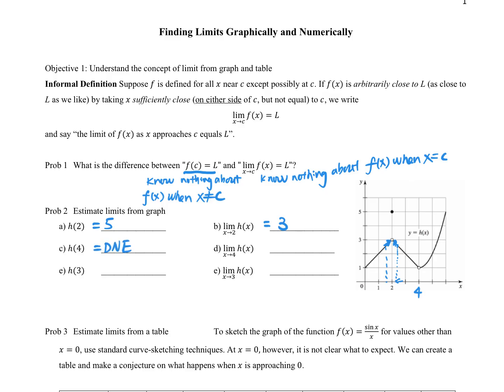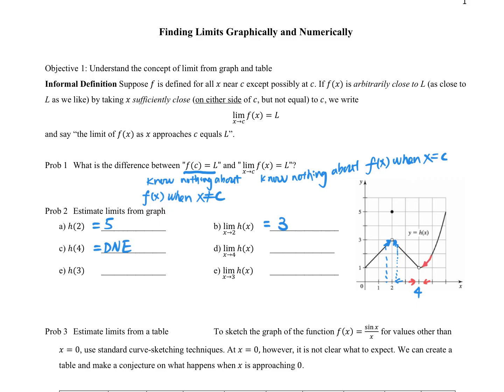Does not exist, DNE. And then let's take a look at the limit of h of x when x is approaching 4. Again, we trace the graph from either side. When x is approaching 4 from either side, we trace this graph.